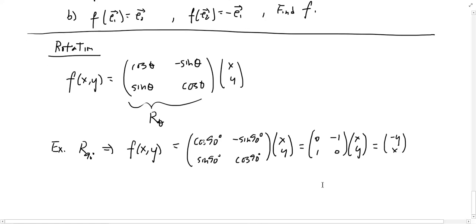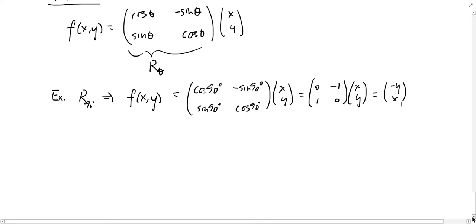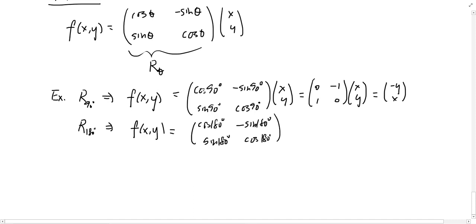We'll definitely verify another one. So how about we do R of 180 degrees? That will be f of (x, y) is equal to the matrix cosine 180 degrees, negative sine 180 degrees, sine 180 degrees, cosine 180 degrees, times (x, y). That comes out to be the matrix negative 1, 0, 0, negative 1 times (x, y).